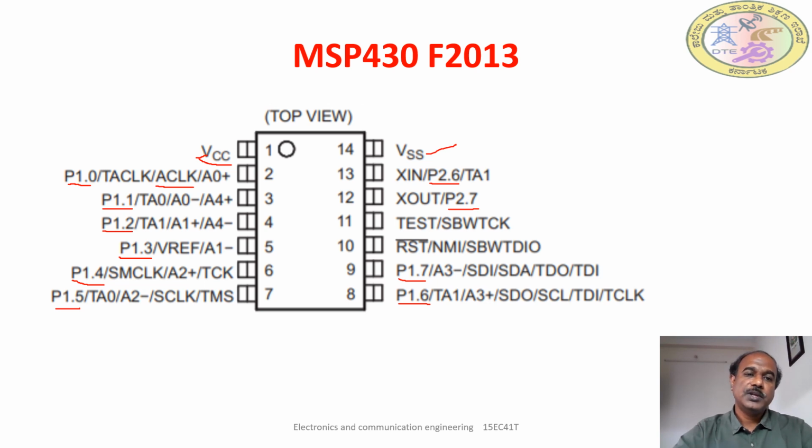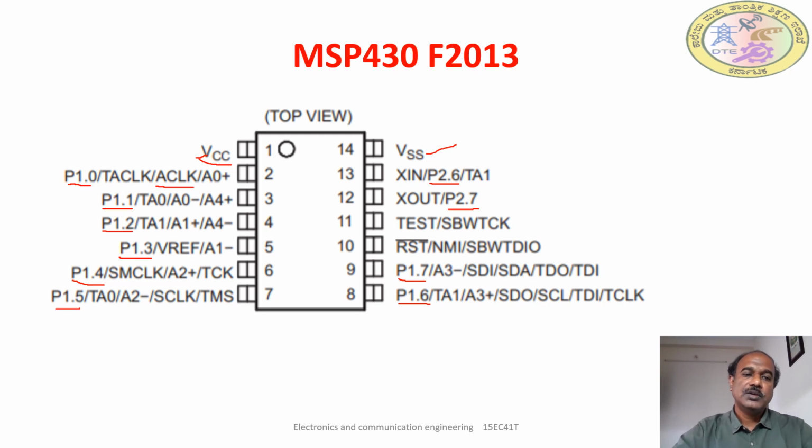If you choose pin number 2 for this third function, ACLK, then the internally generated ACLK clock pulses from the clock generator are made available on this pin.